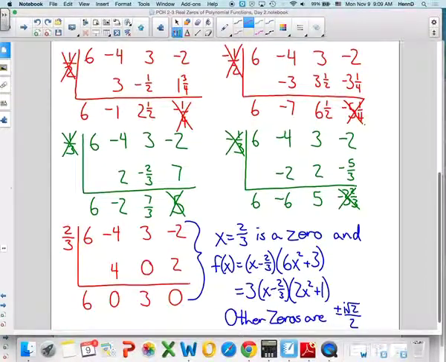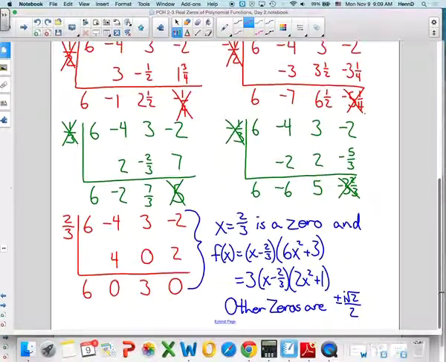And finally I got 2/3 to work. Okay? So you look at what's left over. Once I got x minus 2/3 as a factor, then I knew that was 6x squared plus 3.